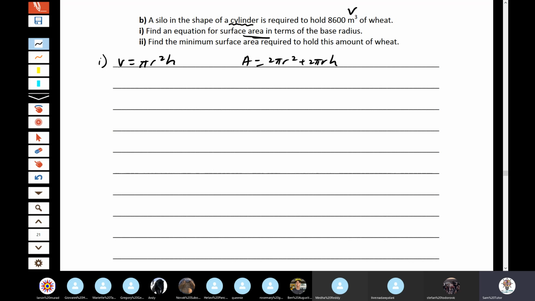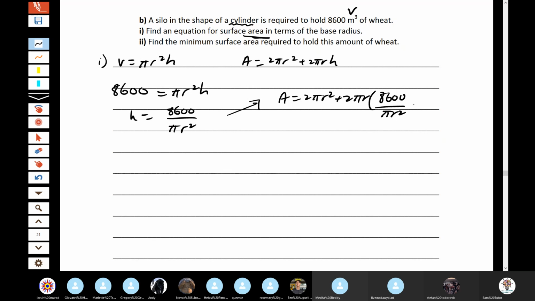Everything should work out the same way. So here we go. Volume is 8600 equals pi r squared h. See, 2 letters only, 2 unknowns. Make h the subject. Sub h into there. A equals 2 pi r squared plus 2 pi r h.